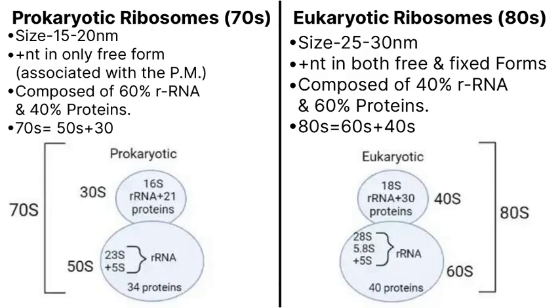So overall you can say the ribosomes are composed of about half protein and half rRNA. By combining both the subunits, 50S and 30S, it becomes 70S in prokaryotes, and 60S and 40S become 80S in eukaryotes.